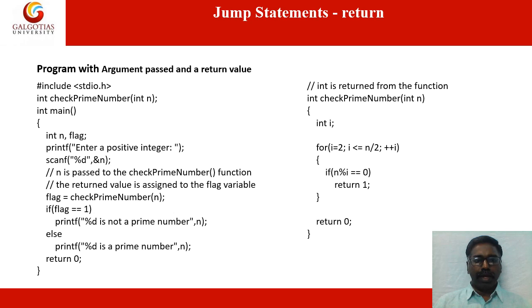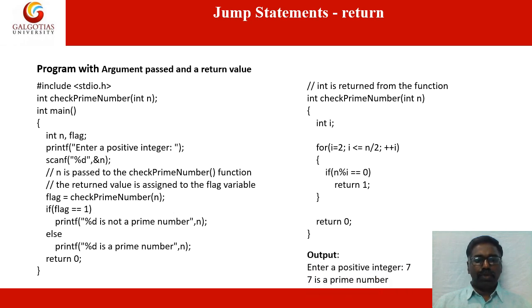That's why in the prototype, the check prime number function is given with int. What is the meaning of this int? A function prototype starting with int means this function is going to return an integer value.